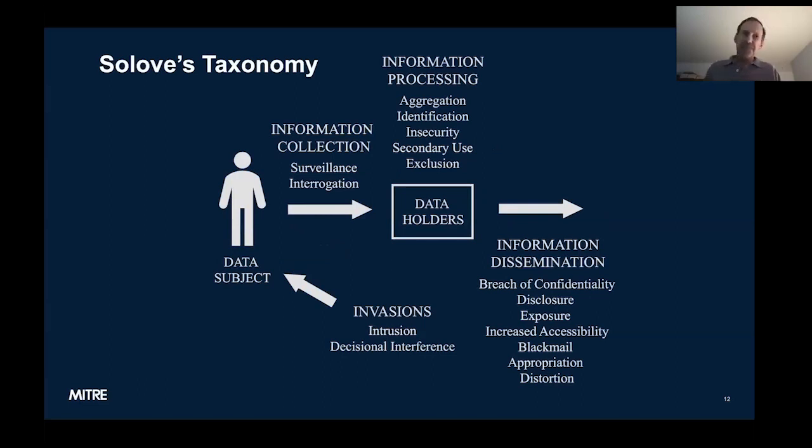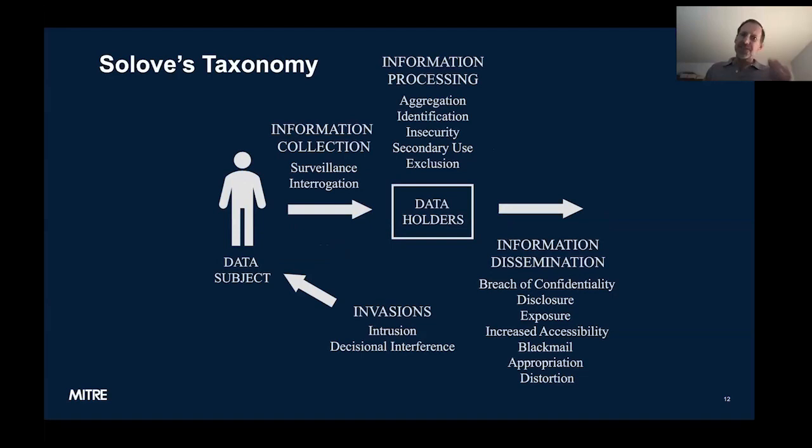The full name here is Solove's Taxonomy of Privacy Harms or Privacy Problems. This was developed quite a few years ago at this point by Dan Solove, who is a very well-known privacy researcher, a law professor at GWU.